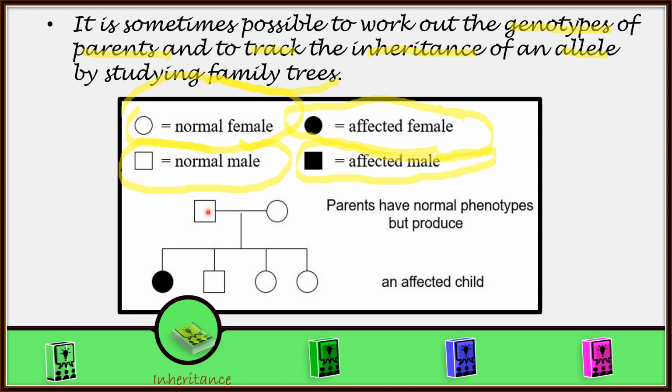If we have the parents, a normal male and a normal female, the parents have a normal phenotype, but they produced one child being affected with the disease.